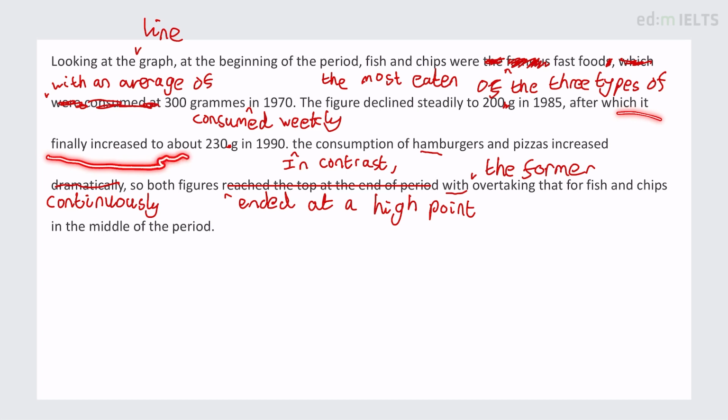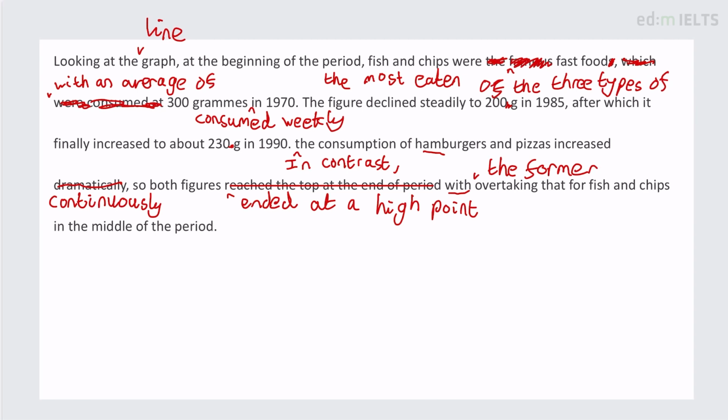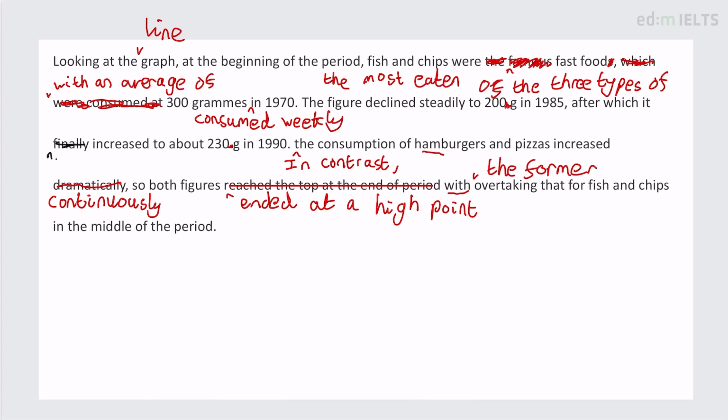I might change a couple more things. Finally is okay. I'm going to change that to ultimately because it sounds fancier. Ultimately can mean in the end or talking about the final result. And we're not talking about dramatic changes here, 200 to 300. I'm going to say increased slightly.